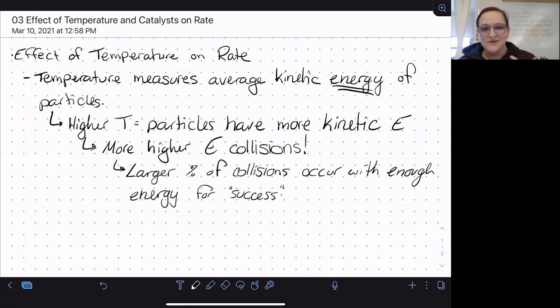So more successful collisions is leading to a faster reaction. So generally speaking, higher temperature, faster reaction.